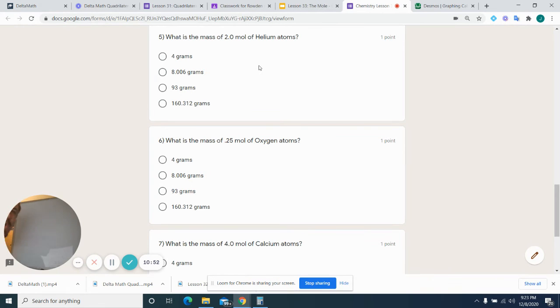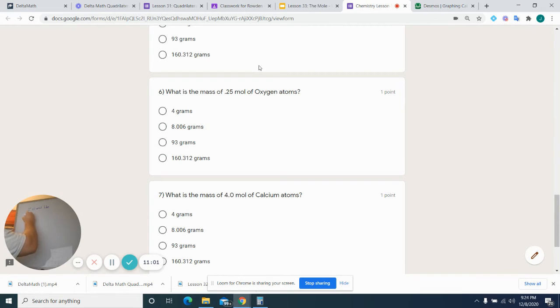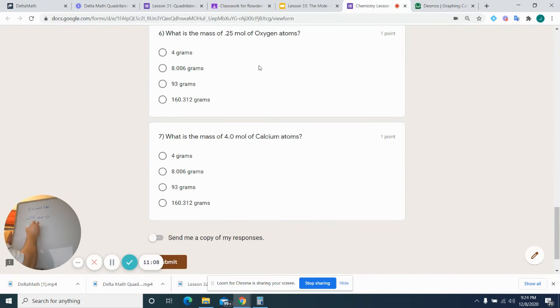Okay, so we have 2.0 moles of helium. You know what? I'm going to set them all up at once, in one swipe. So 0.25 moles of oxygen, and then we have 4.0 moles of calcium.